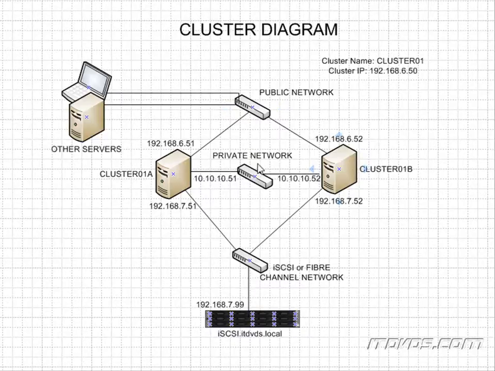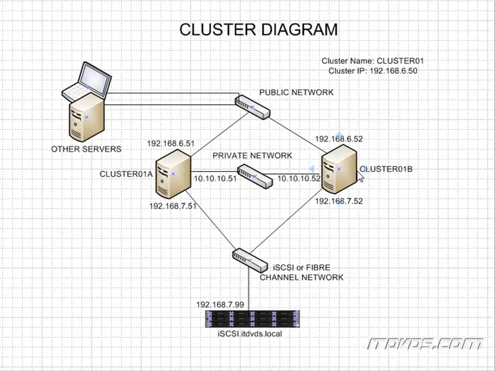The next network is the private network, and this is just used for internal communication between nodes to make sure each node is up. It's kind of like a health check. Cluster 01B is asking cluster 01A, are you up? And vice versa, to make sure there isn't a failure, because in a cluster, if there's a failure of a particular server, an automatic failover will automatically be initiated and another node in your cluster will take over automatically.